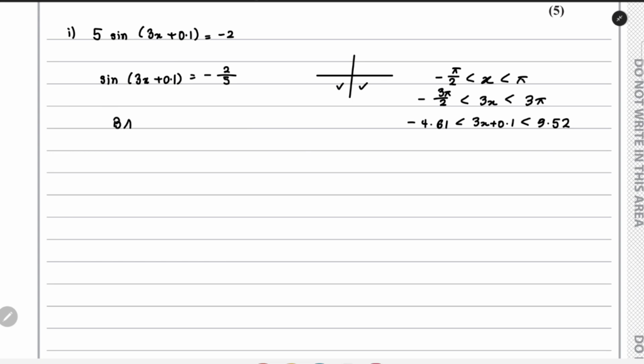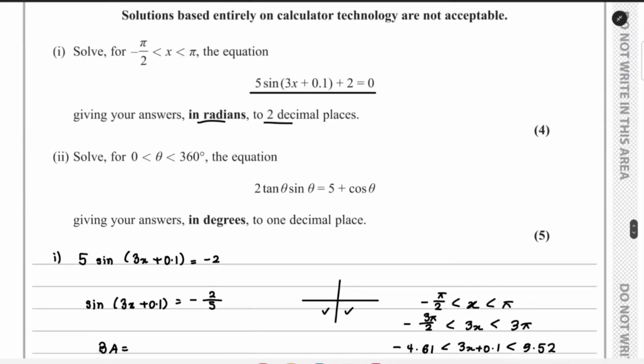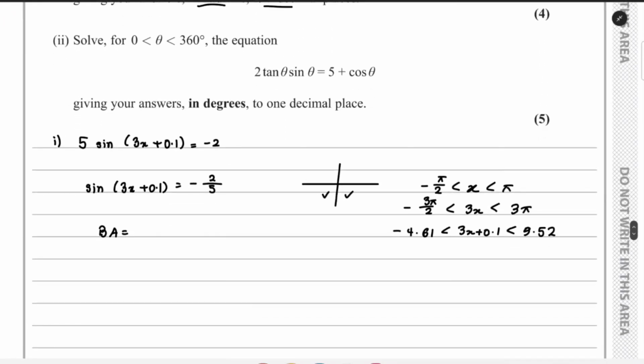The basic acute angle from here would be sine inverse 2 by 5. We are not going to take the negative when we are finding the basic acute angle. Since we want our answer to 2 decimal places, working with 3 decimal places over here should be fine.